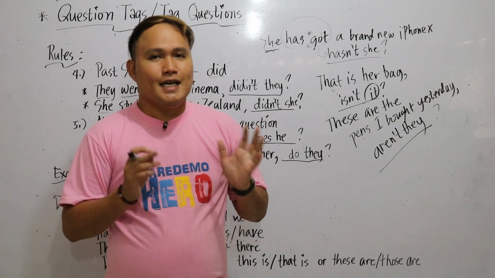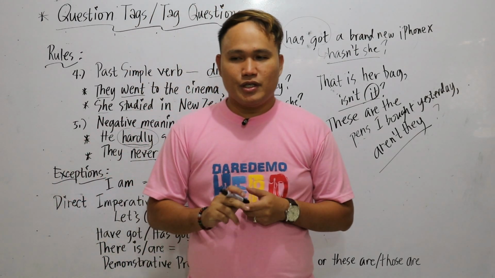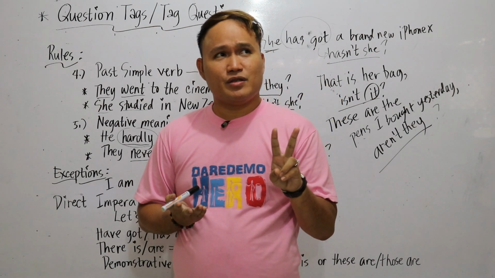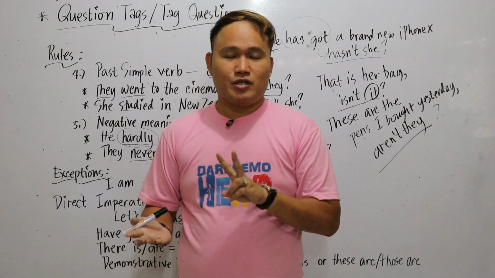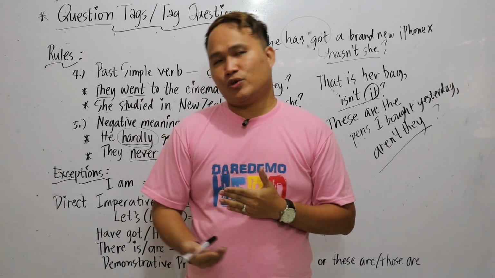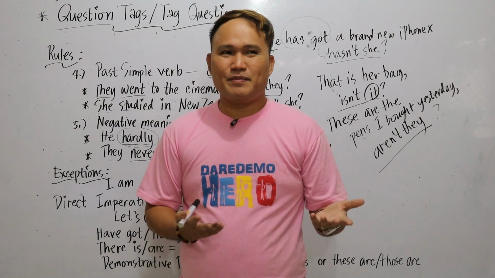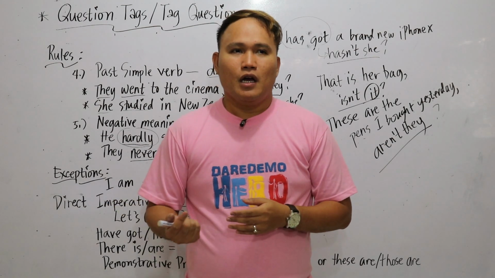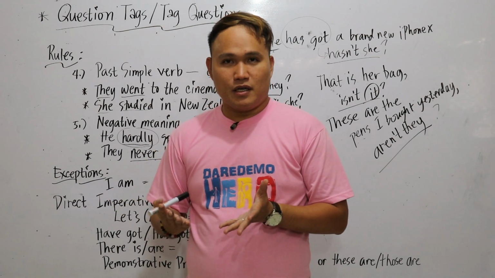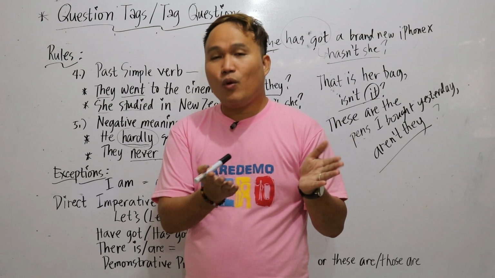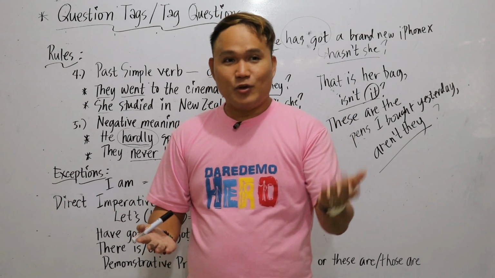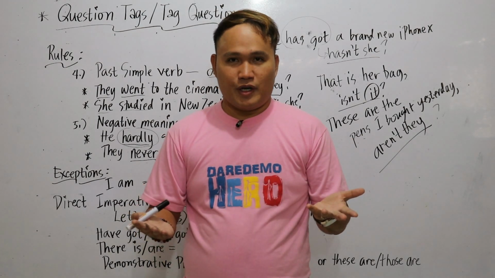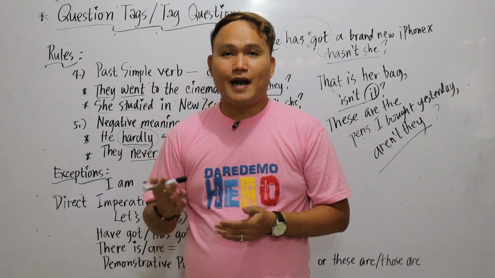That's it. Now for the intonation, there are two types of intonation for tag questions. If you are sure that the statement is true, for example, you know you're talking to people who are hungry because it shows on their faces, you would say, you are all hungry, aren't you?